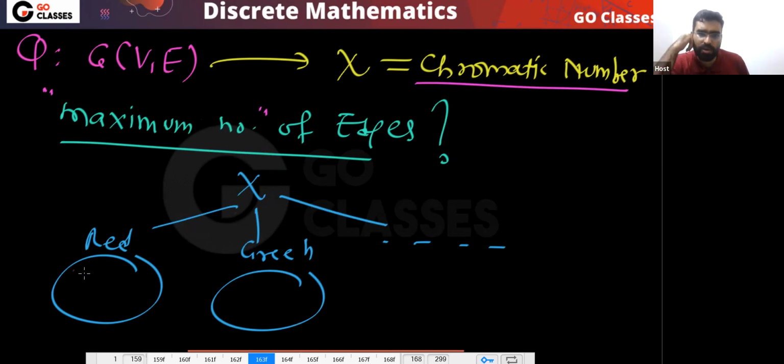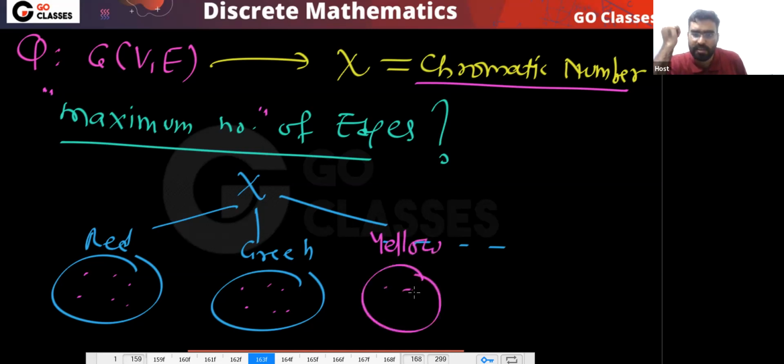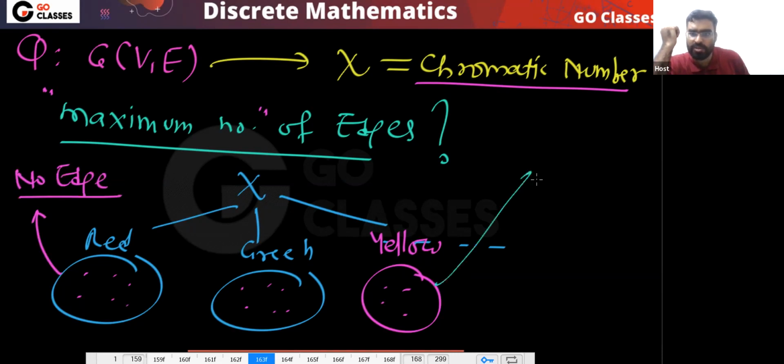To get maximum, you can notice if there are some vertices here, then they are an independent set. Any color class you take does not have any edge. There is no edge here because these are all red, and similarly this is an independent set, so there is no edge here.